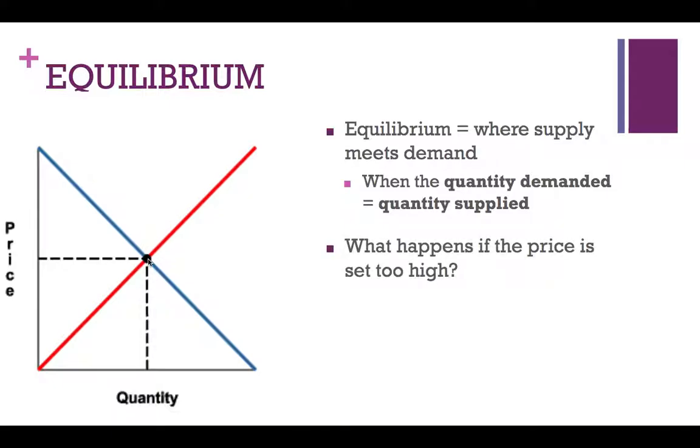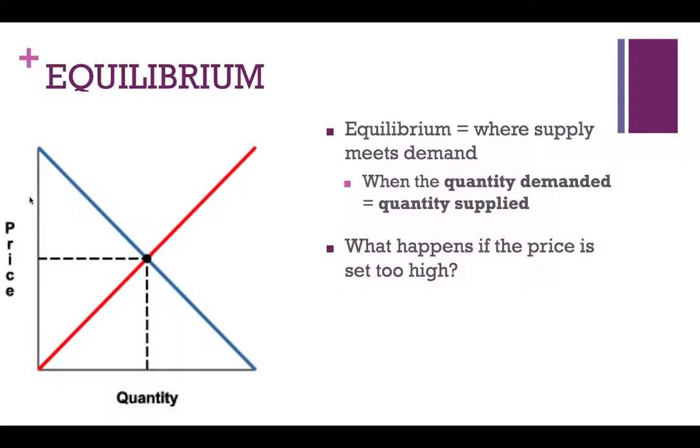So what might happen if we set the price too high? Well, if we set the price up here, think about that for a second. Look at where this price would intersect both the demand and the supply line.